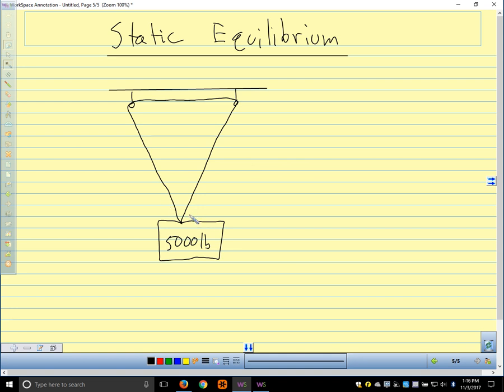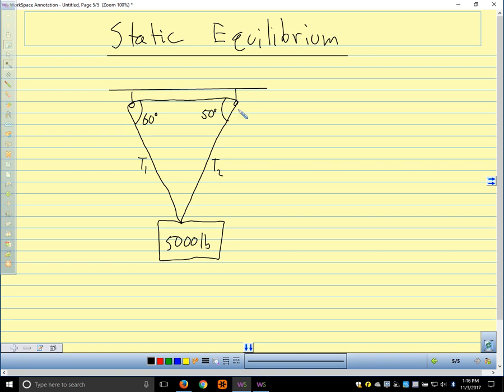So we've got this 5,000-pound weight hanging from these cables. And I'm going to say that this angle is 60 degrees, and this angle is 50 degrees. And we have some tension in this cable, I'm going to call that T1, and some tension in that part of the cable, I'll call that T2.